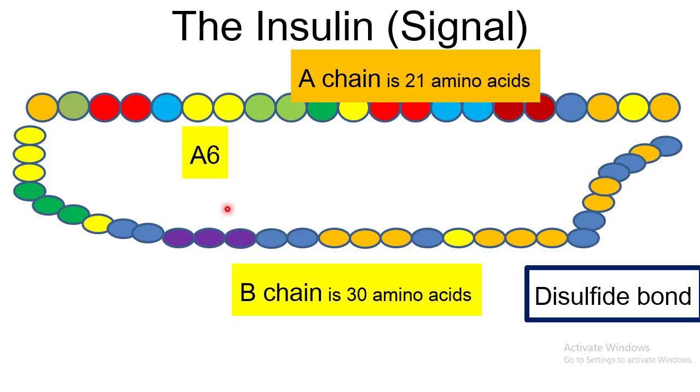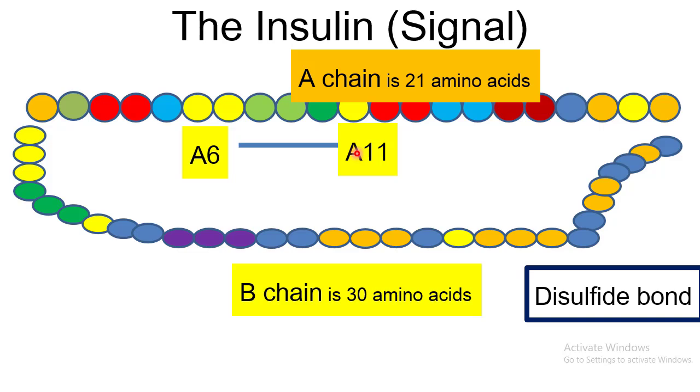One is the intrachain disulfide bond, in which the amino acid number 6, which is a cysteine, let me refer to that as A6, is one cysteine in the chain A that makes a disulfide bond with another cysteine present at position number 11. So this is an intra-chain disulfide bond, and it is responsible for structural stability.